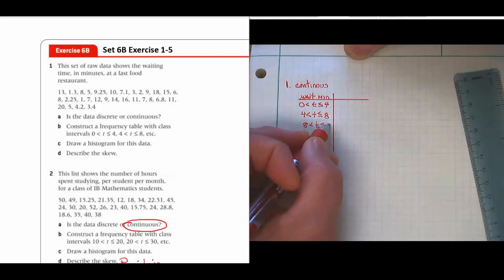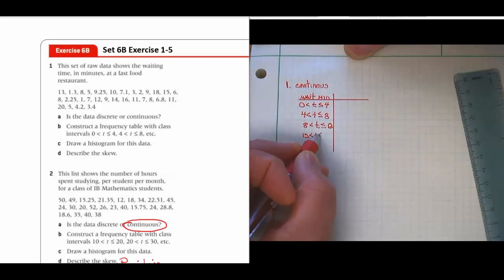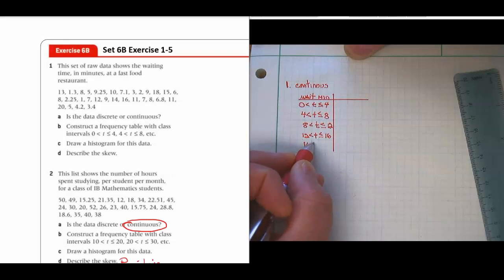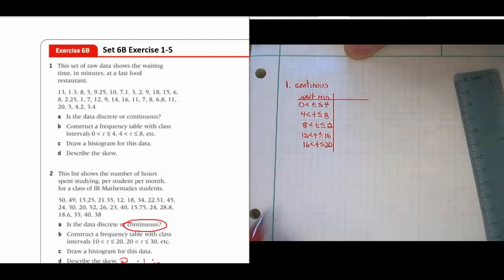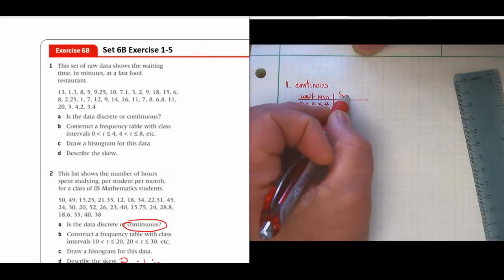Then 12, 16, and I think there's a 20 in there. And then over here you'd have your frequencies.